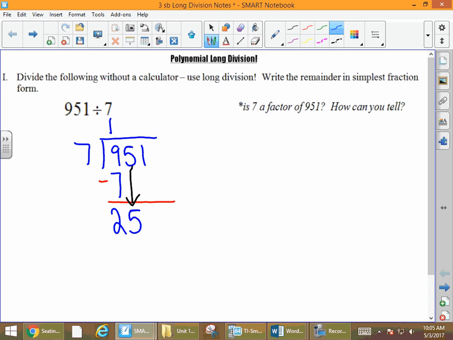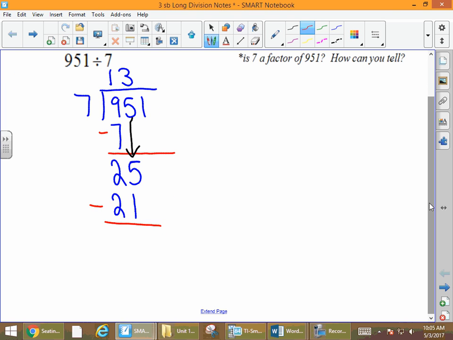Well, 7 times 3 is as close as we're going to get. 3 times 7 is 21. And we subtract. Well, 25 minus 21 is 4. And again, I think that your elementary teacher drew an arrow and brought down the 1.